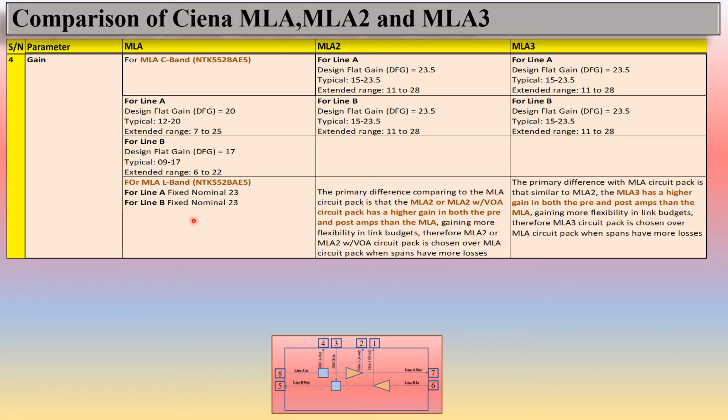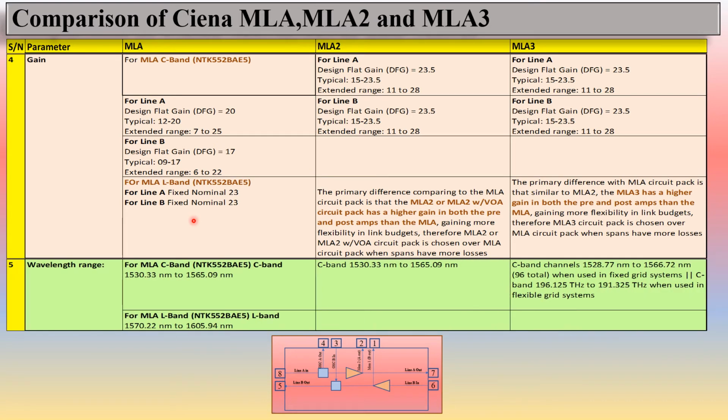So again, moving to some next parameters. Wavelength range. For MLA C band, the wavelength range is 1530.33 nanometer to 1516.5.09 nanometer. For MLA2, the range is same. For MLA3, for the C band channels, 1528.77 nanometer to 1566.72 nanometer.